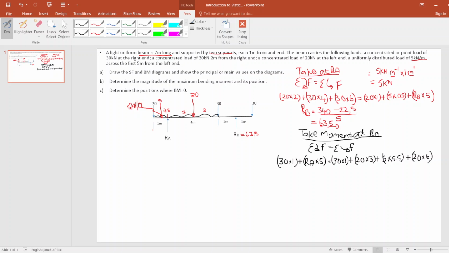Then we can go ahead and calculate for RA. In calculating for the right hand side, I got my answer as 183.5.